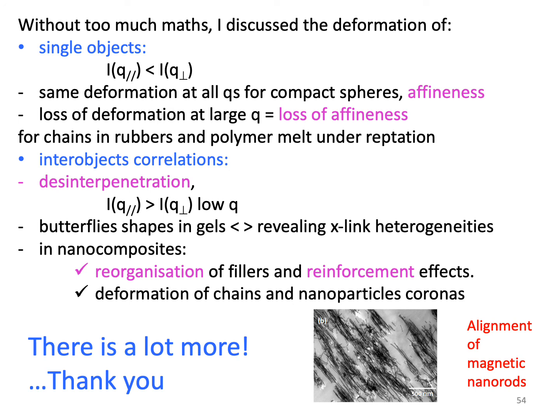In nanocomposites, I discussed the reorganization of a filler together with reinforcement effects, and the deformation of chains and of the corona of a nanoparticle in the case of grafting. So maybe you can guess there is a lot more which I could have presented.